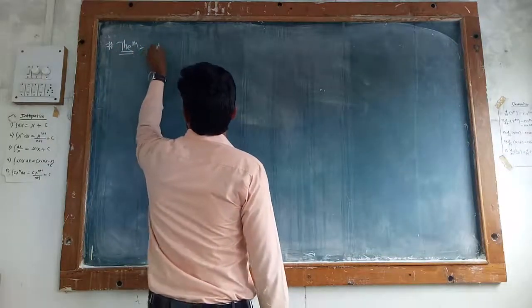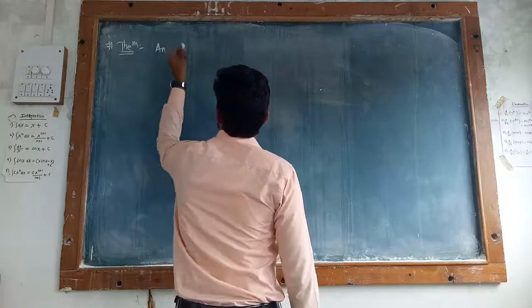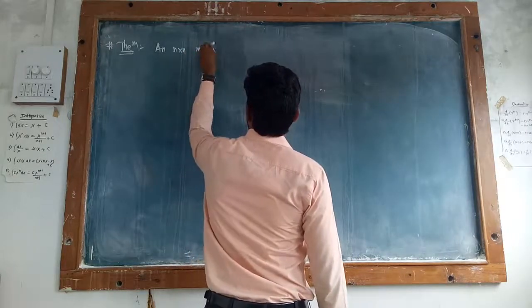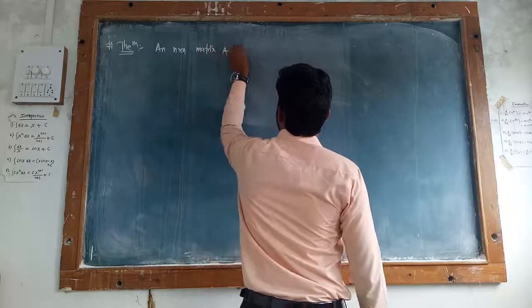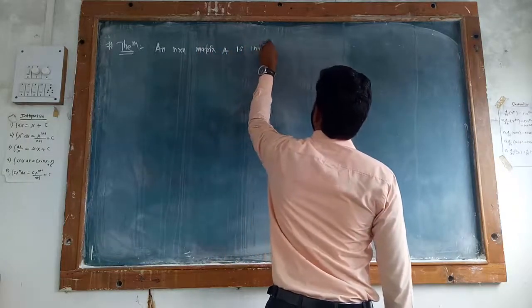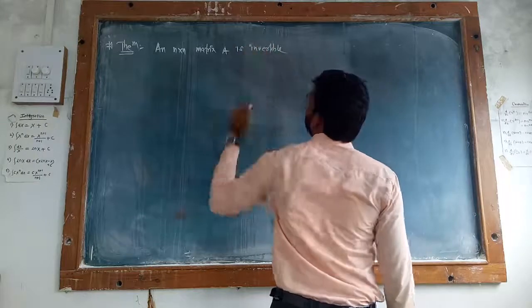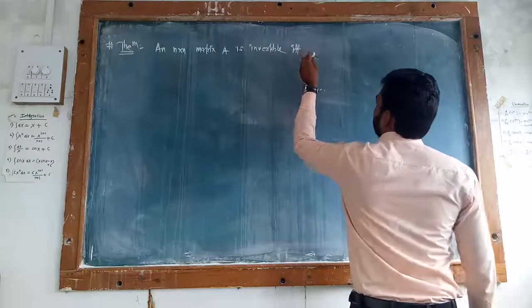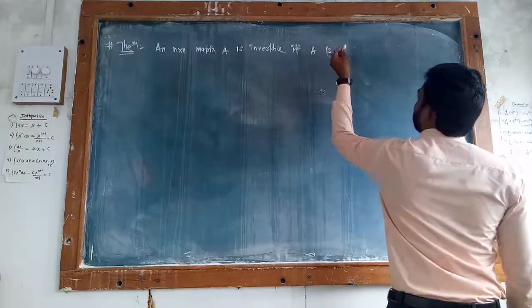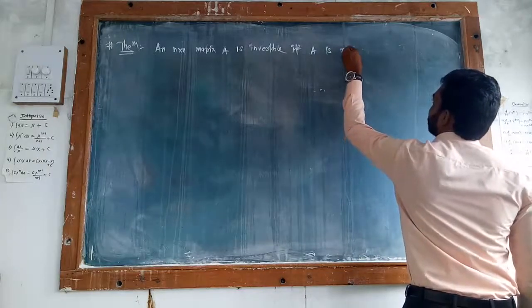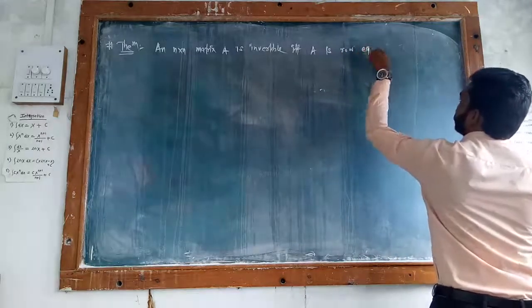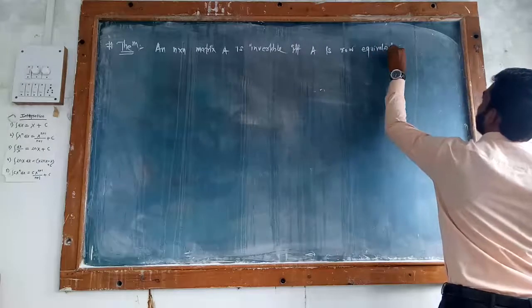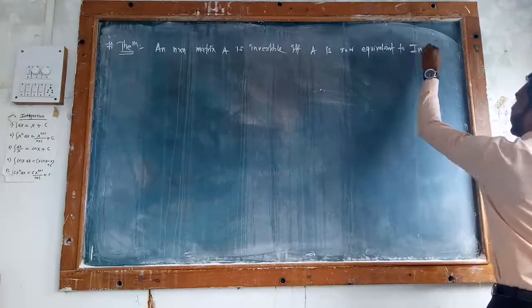Statement: an n cross n matrix A is invertible if and only if matrix A is row equivalent to matrix I_n.